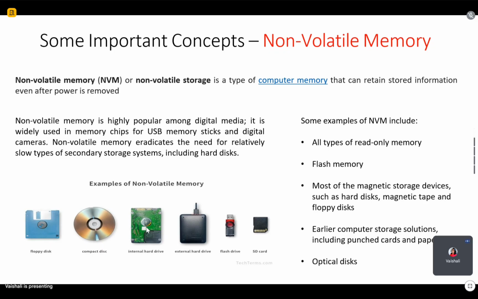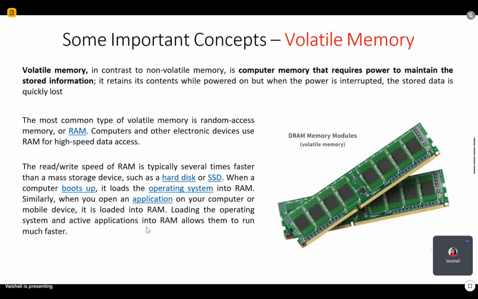All these are non-volatile memory where the data remains. In volatile, it's RAM or SSDs. All these are volatile. So when you take out the data from the volatile memory, your system should be on. If it's off, the data is going to vanish.